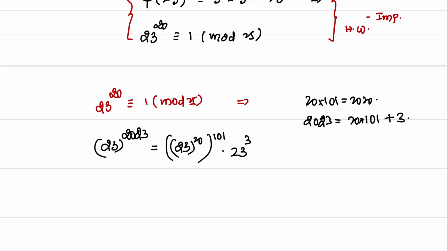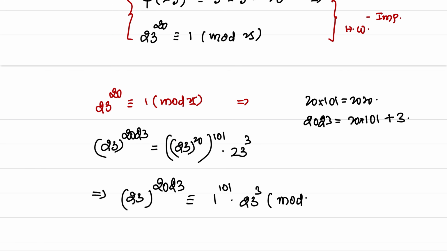Hence, from this what we get? 23 to the power of 2023 is equivalent to 23 to the power of 20, which is 1, to the power of 101, into 23 cubed mod 25.